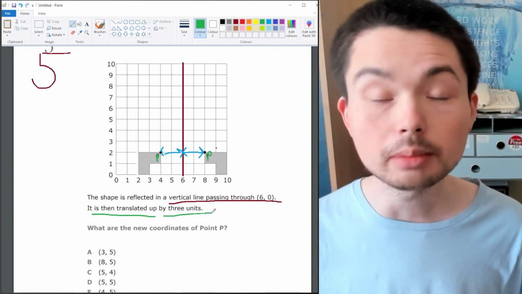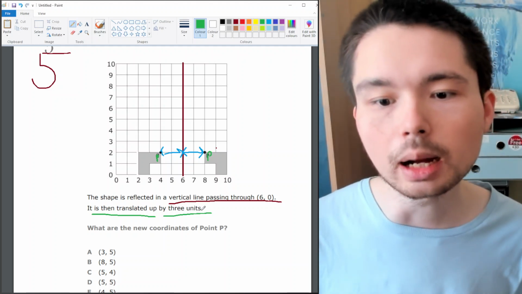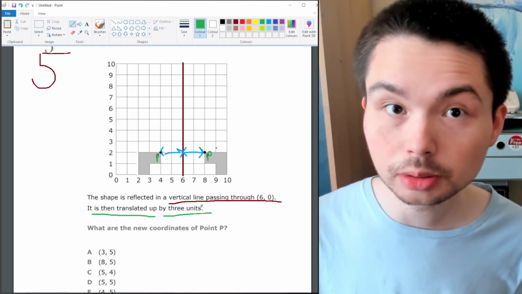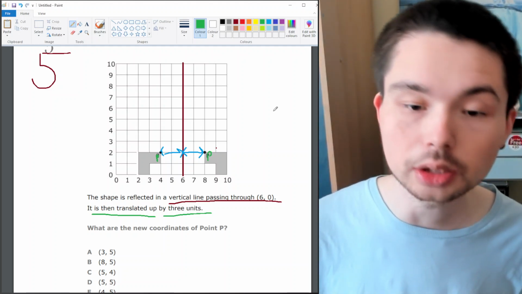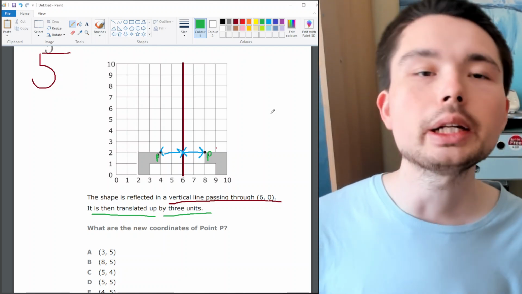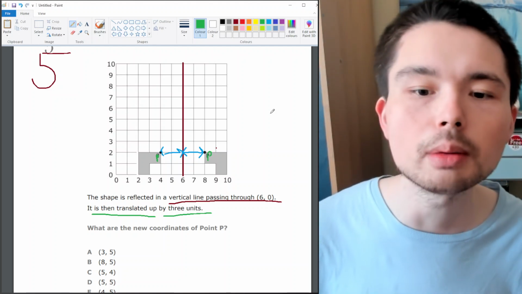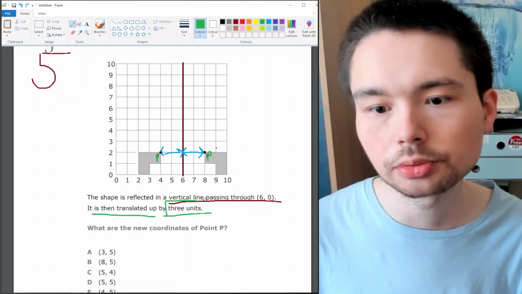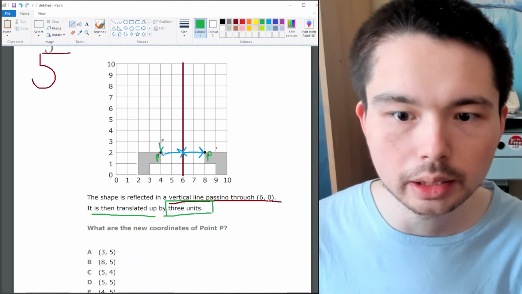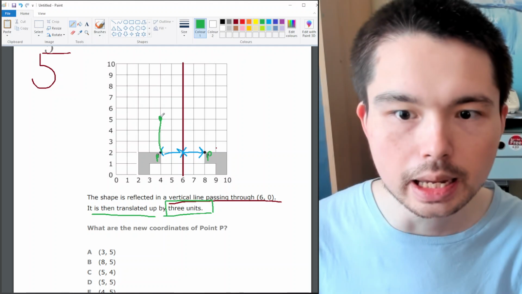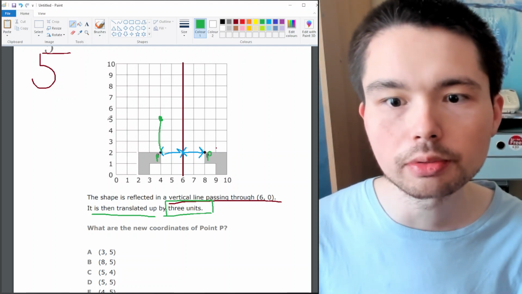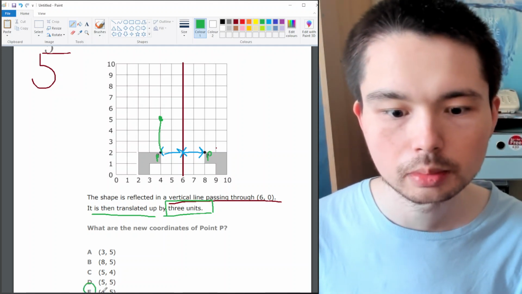Translated in maths just means to move. In languages, it means you go from one language to another, like from French to English. You are translating, but not in maths. We are moving. Go up 3 units: 1, 2, 3. We are here. It is 4, 5. Good. Tick.